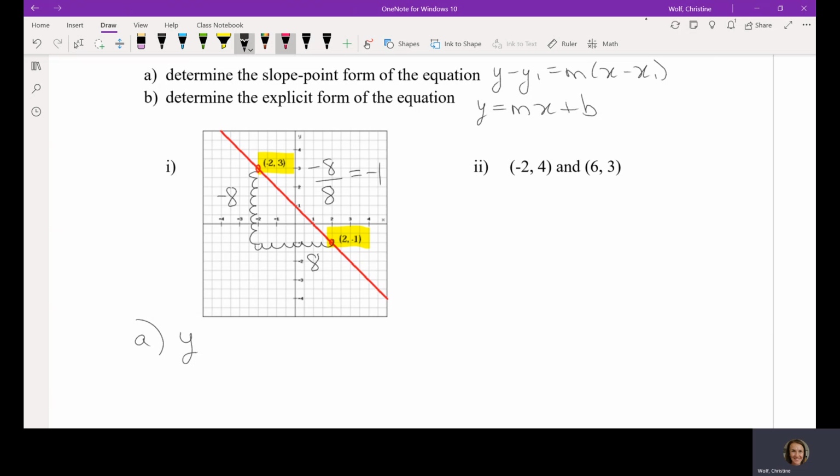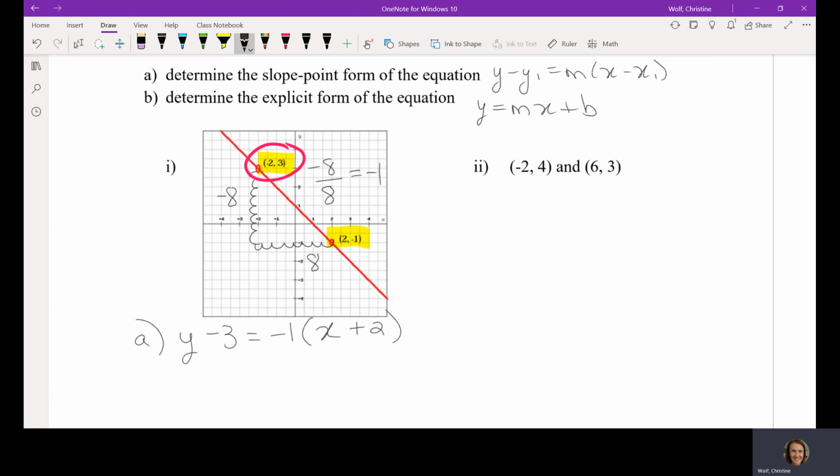And then for the purpose of this question, I'm going to use this point up there, okay? So then my y value is a 3 in the point, so it will be a -3 in the equation. My slope we found to be -1. And then I put the x down, and then the x value from that point I chose was -2, so I write +2. Sorry, I just took the information from the graph and plugged it in.